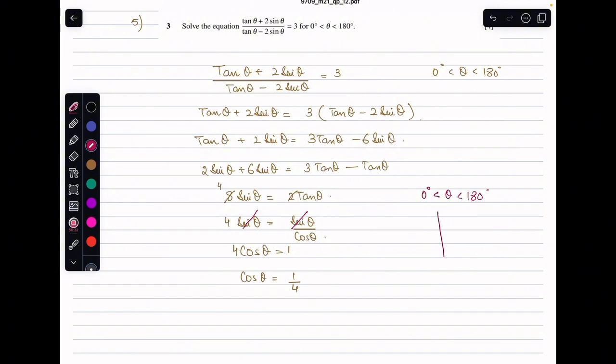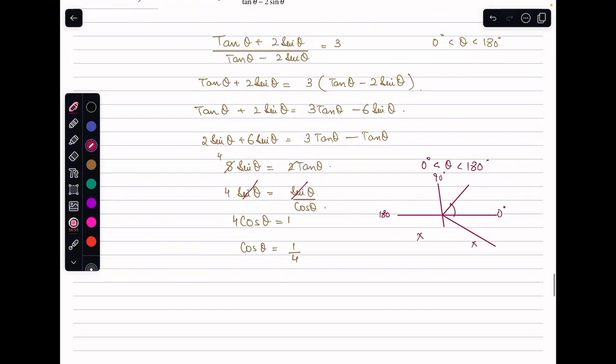That means I need to locate the quadrant. Cos theta is positive in the first quadrant, and it's positive in the fourth quadrant. But here I need to keep in mind that my domain is just from 0 to 180 degrees, so I will not be considering the third and fourth quadrants. So it's just to get the basic angle.